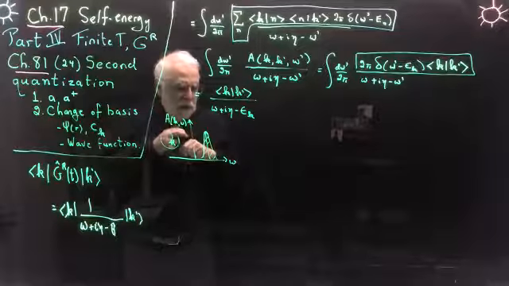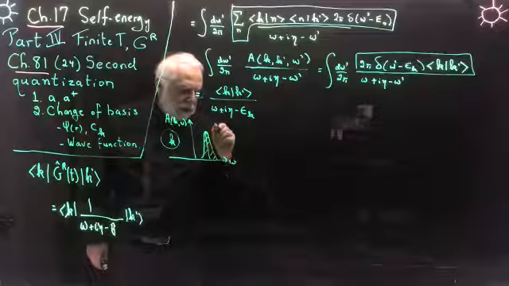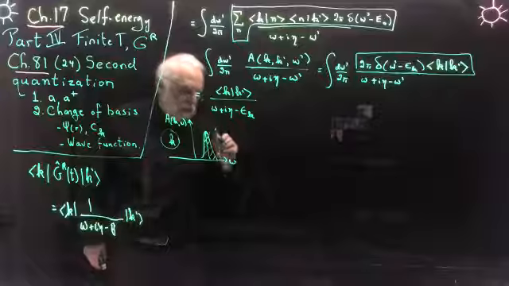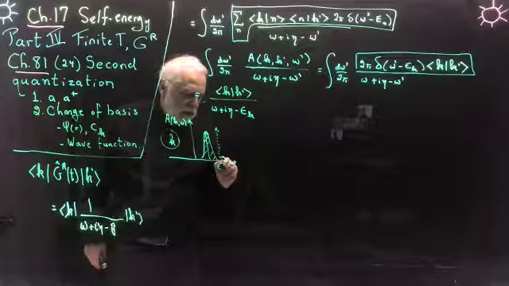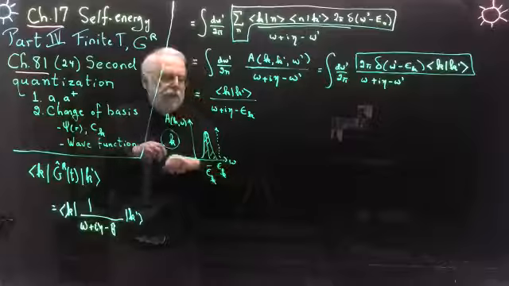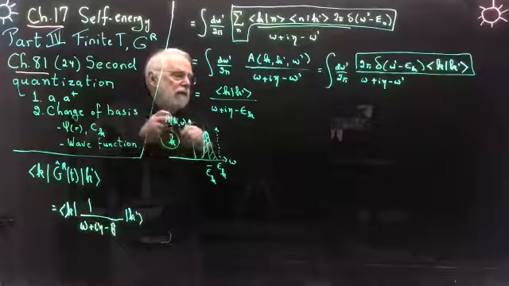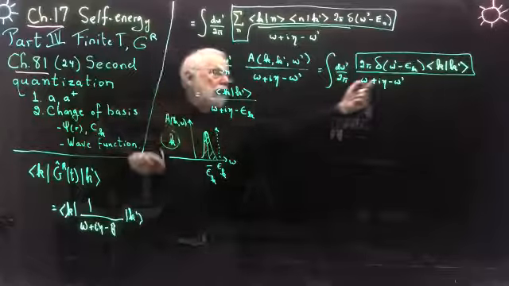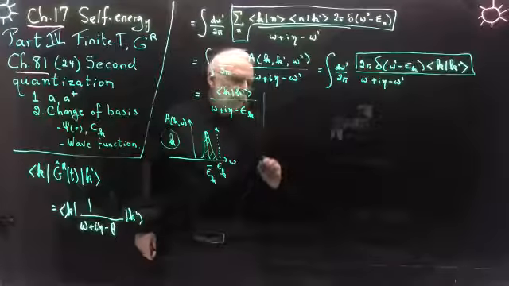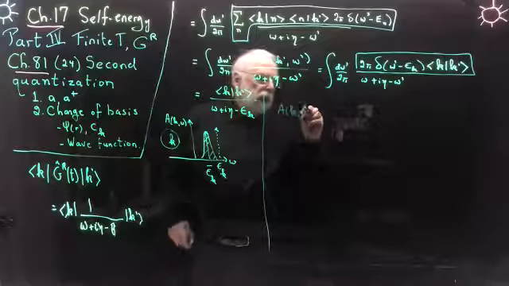Now, what we know from the harmonic oscillator is not only that this broadens, but it shifts. So if the delta function was here at the beginning at epsilon k, then when k is no longer a good quantum number, this will be at some epsilon bar k. So let's write the spectral weight A of k and omega.